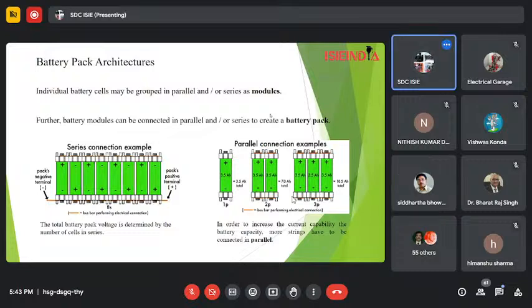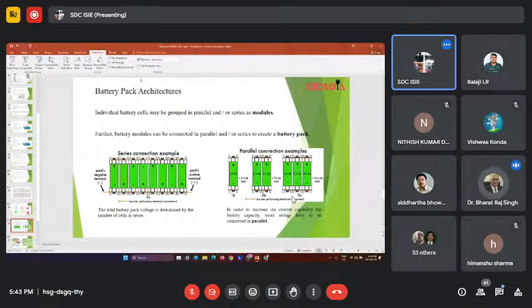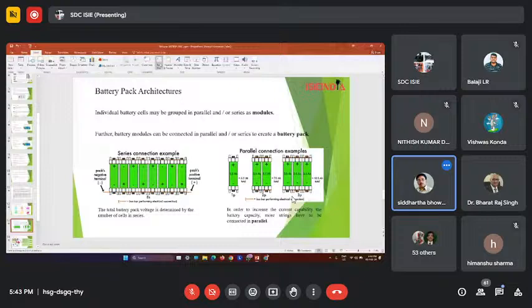All right. And what happens in series? The voltage is getting increased. Right. And in parallel connection, the current is increased. Voltage remains the same.